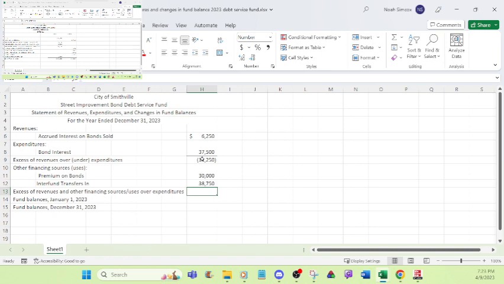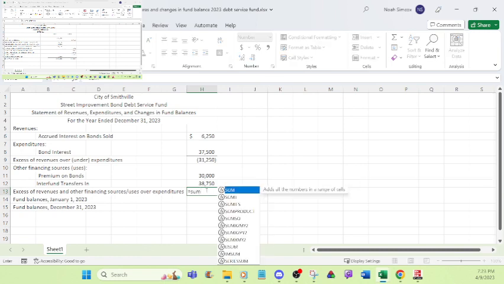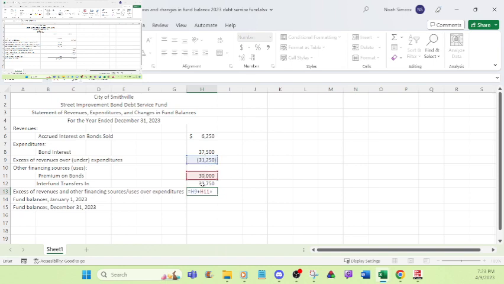So we take this number and add it to this number, and this number equals this plus this plus this. I bet nobody does that. Okay, so we have the excess is going to be that.